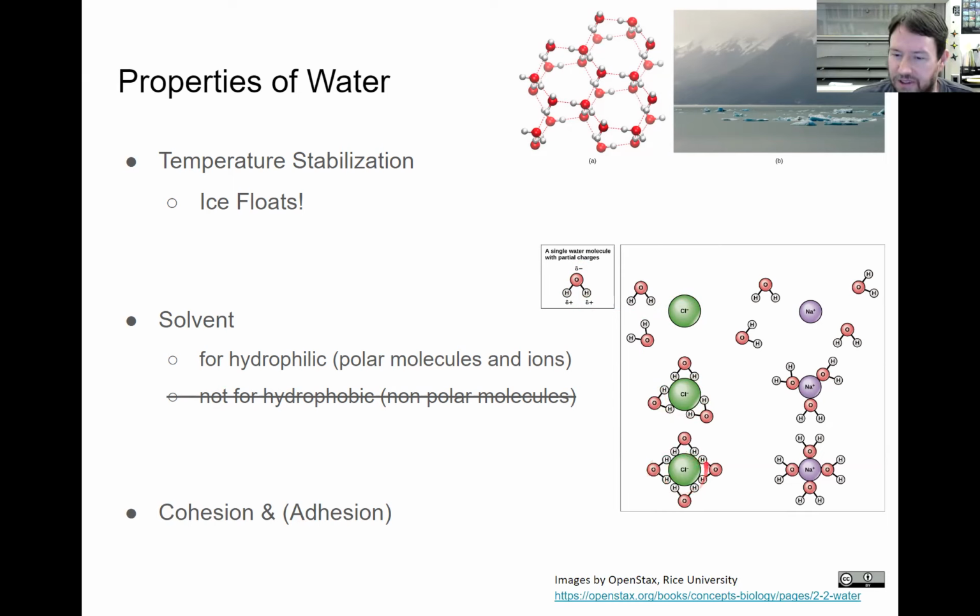These water molecules surround it and dissipate that charge, and then they get hydrogen bonded to other water molecules, and we have these extending spheres of hydration around these ions.